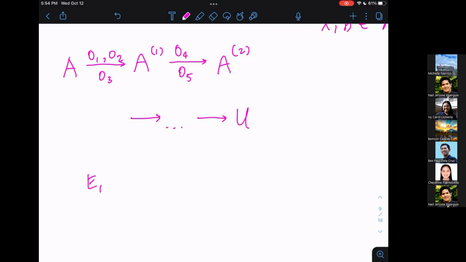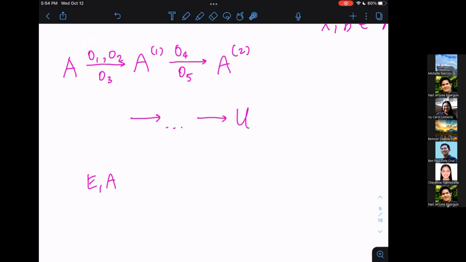Ito yung ginawa natin last time, ano? So si O1, gagawin ko lang siya sa identity matrix, makuha ko yung elementary matrix. And then to mimic what O1 did to the given matrix A, all right? Ang gagawin ko lang, ipe-pre-multiply ko lang si matrix A ng elementary matrix E1. Alright?